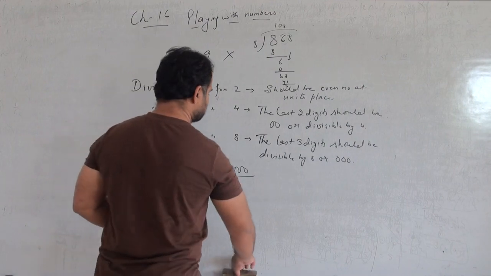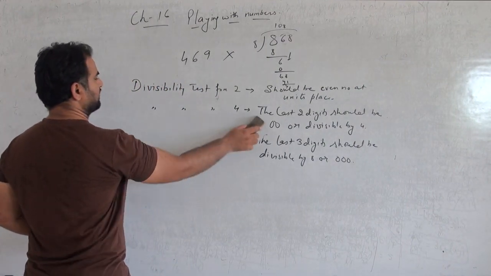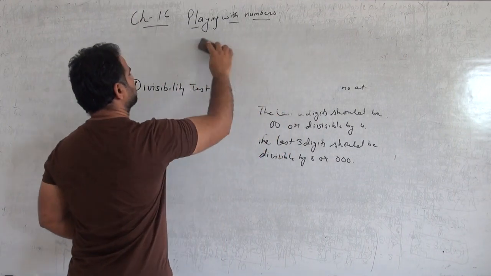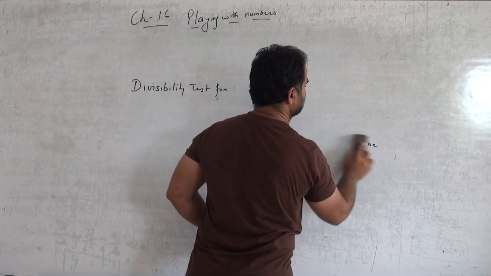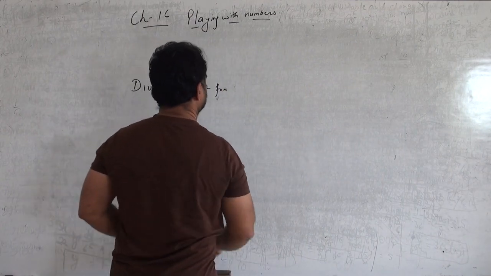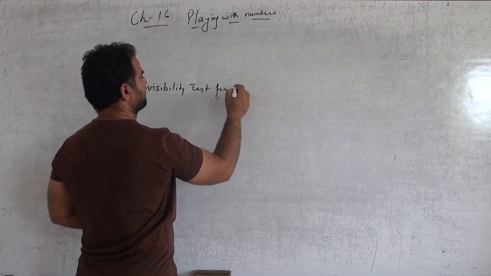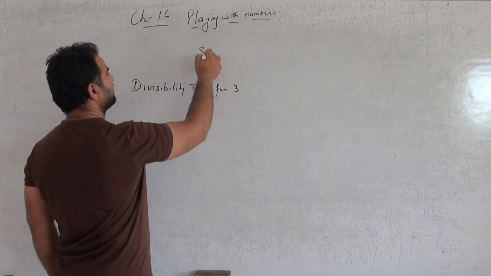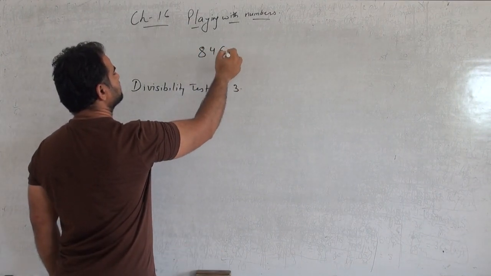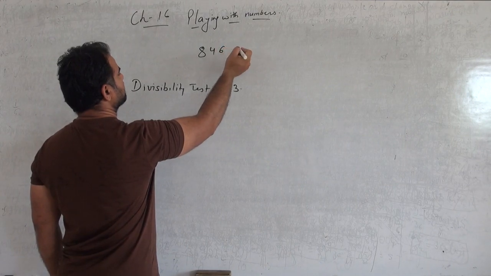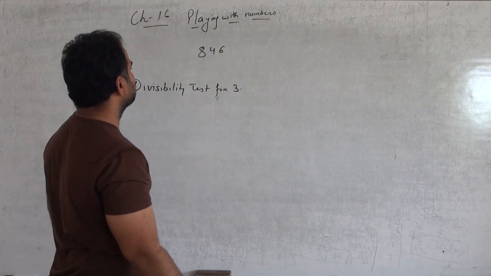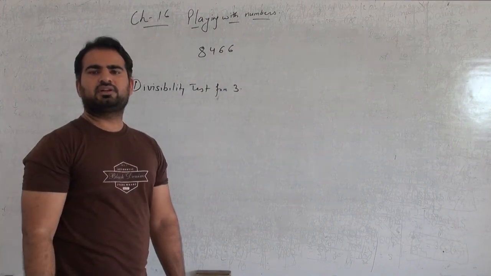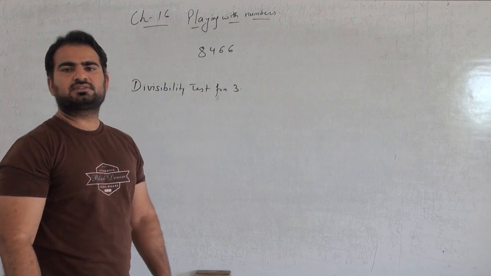Next, divisibility test for 3. Okay, a number is given: 8, 4, 6, 6.